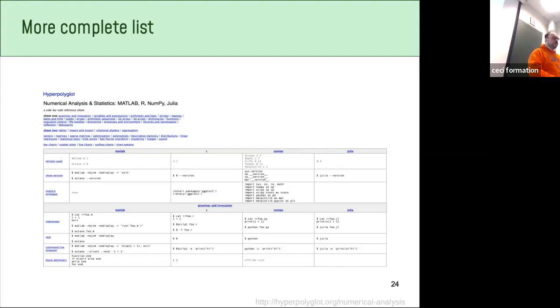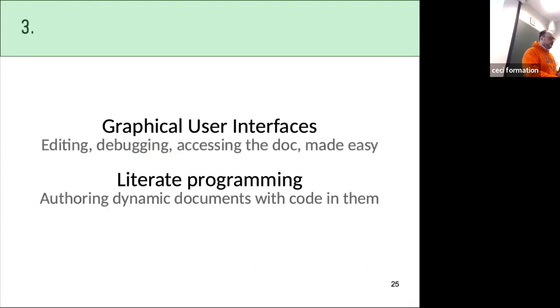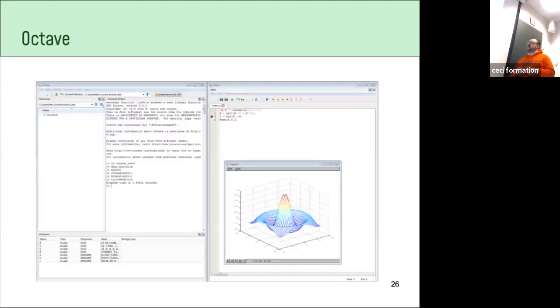Now, I would like to talk to you about graphical interfaces, because what you have seen are all commands or operations or functions that you write in an interpreter, but actually all of them have graphical user interfaces. So Octave, when you start it locally on your machine, or if you're starting on a remote machine with X forwarding, you get this graphical user interface where you have typically the interpreter, where you can write the commands that we've seen before.